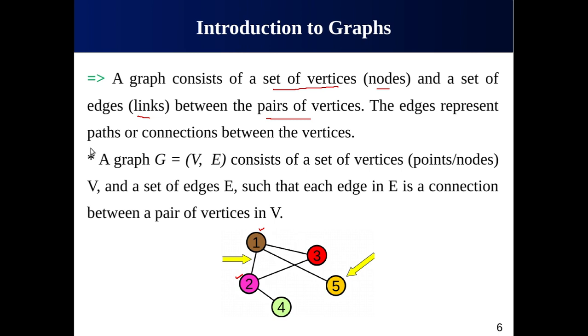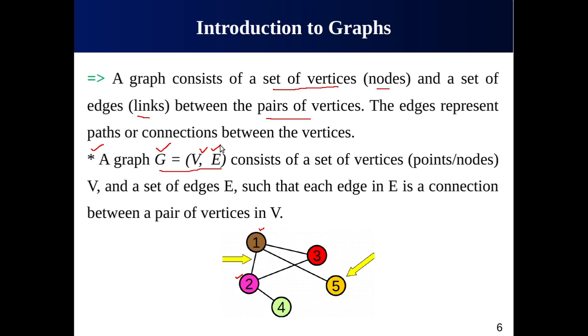Another formal definition of a graph is like this. For example, we have a graph which is represented by G. It is a set of two things: vertices or nodes, and edges or links.